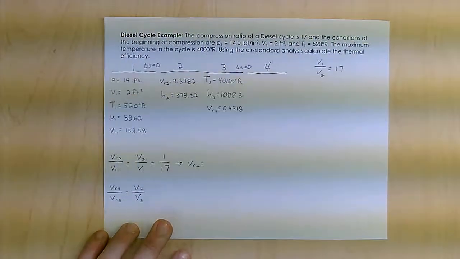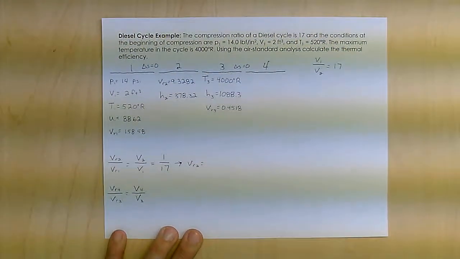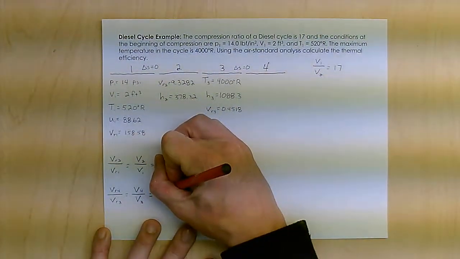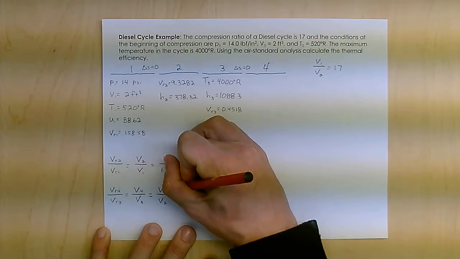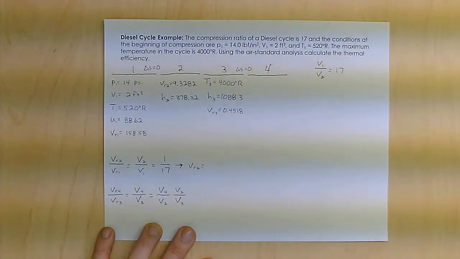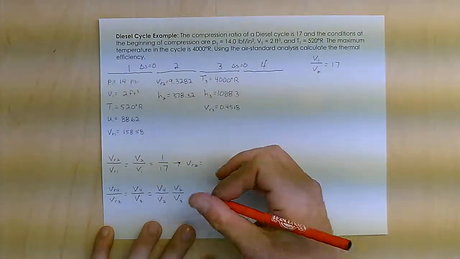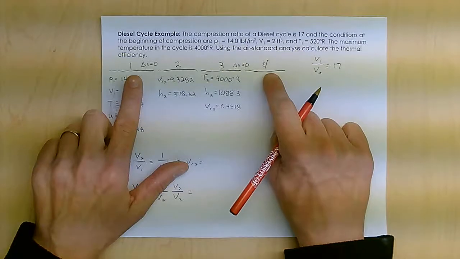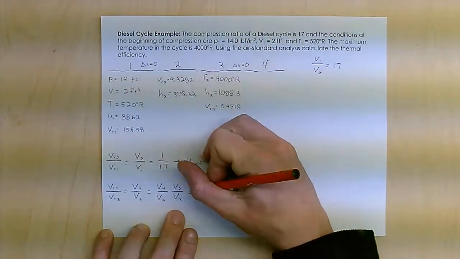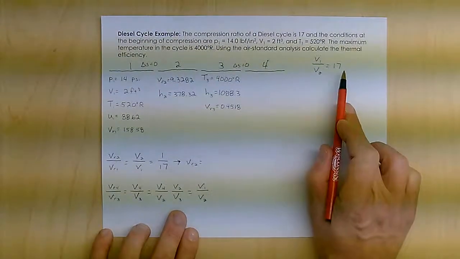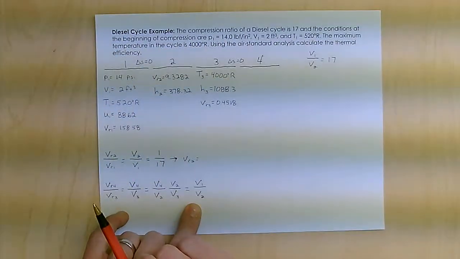Now the trick to do this is we multiply and divide by V2. So I get V4 over V2 times V2 over V3. What I know here is this is constant volume heat rejection, 4 to 1. That means I have V1 over V2, which is 17.